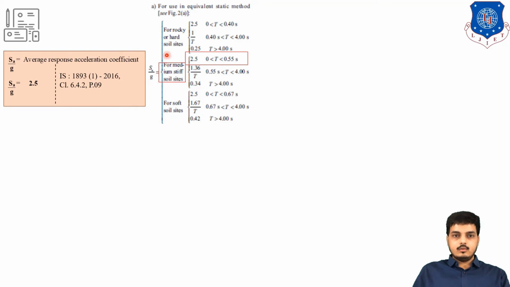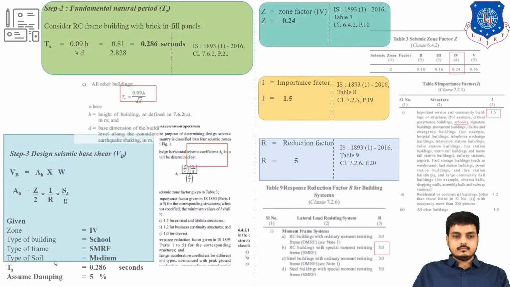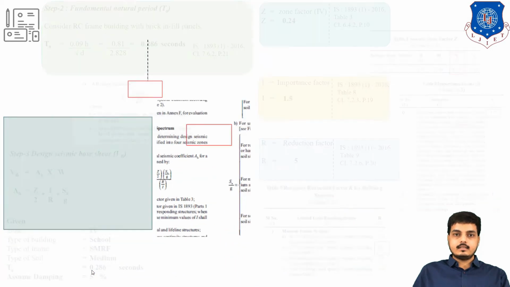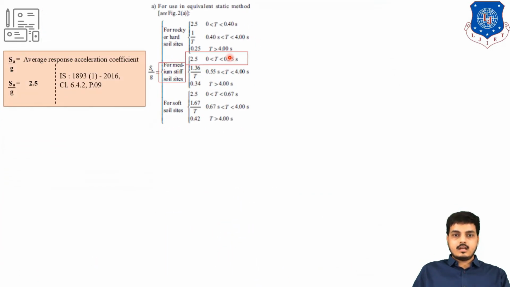For Sa/g value, there are three types of soil: rocky, medium and soft. We have medium kind of soil, in which our T was 0.286, which is in the range of 0 to 0.55 second. So for that the value is 2.5.